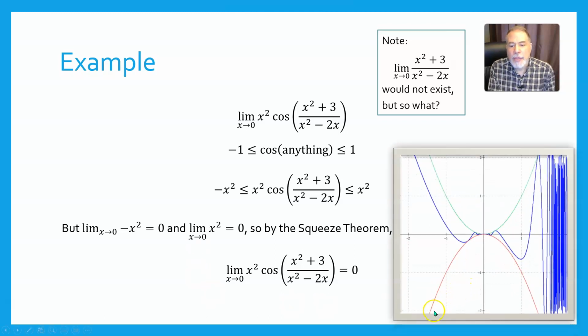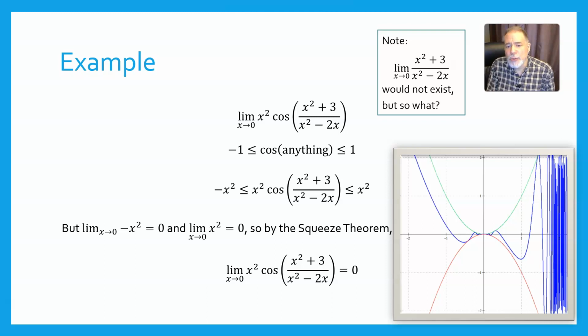Here's the picture. The red parabola is the graph of the function -x squared, and it's got a limit of 0. As x approaches 0, -x squared approaches 0. And the green parabola is +x squared, and it's also got a limit of 0. And the blue curve that's doing all sorts of weird things, but always staying between the red and green parabolas, is x squared times the cosine of x squared plus 3 over x squared minus 2x.